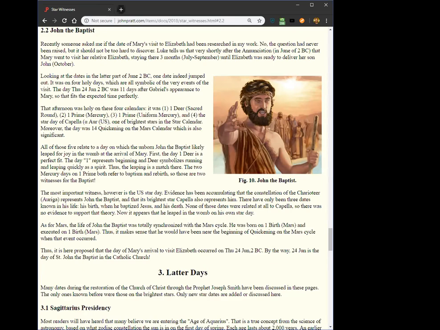But the big one was the 4th one, which is the star calendar. And this can lead to other papers. This, to me, was a huge deal. And it just happened to fit into this paper because I'm doing new things on star calendars as the subject of this new paper. But the 4th one was, there's a constellation that I'm just sure represents John the Baptist in the sky.